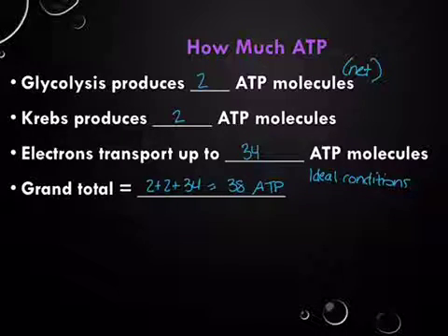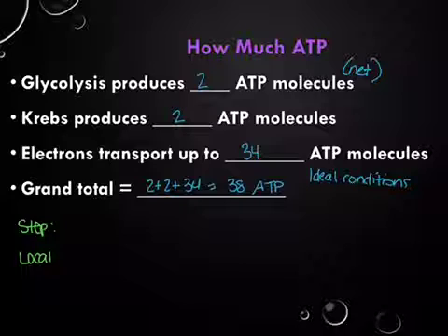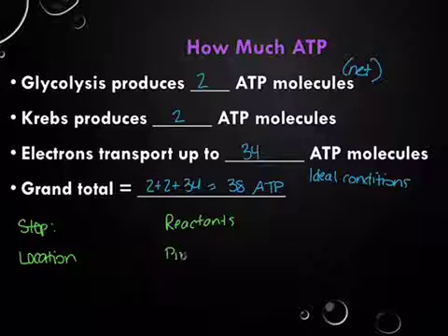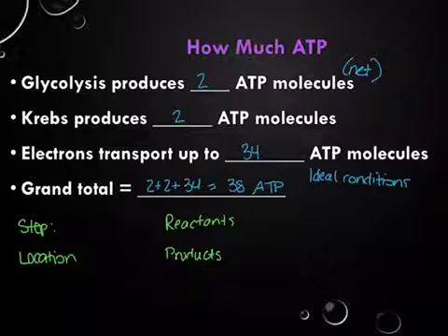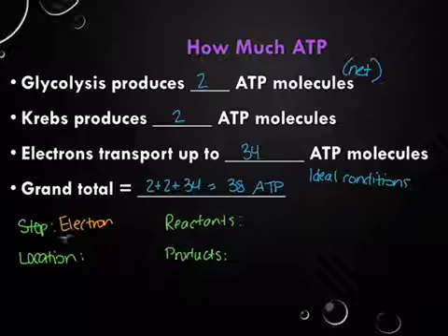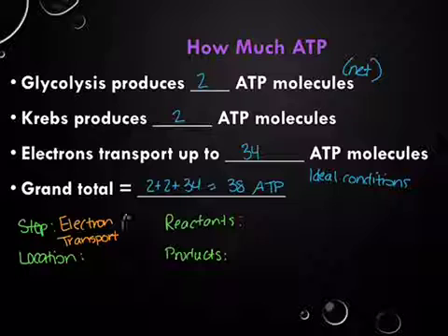So let's go through and look at a review of the electron transport. We need the step, the location, reactants, and products. So our step would be the electron transport, which is step 3.